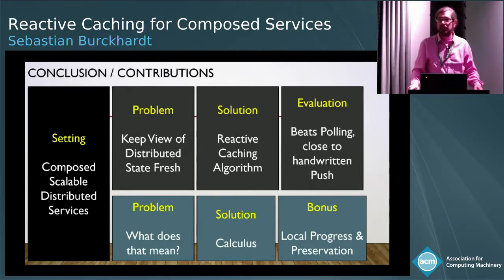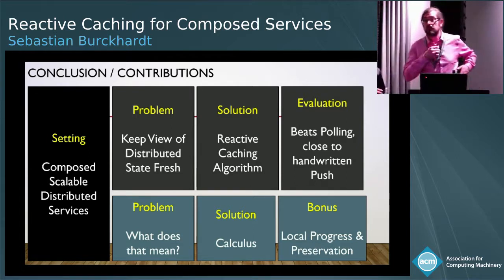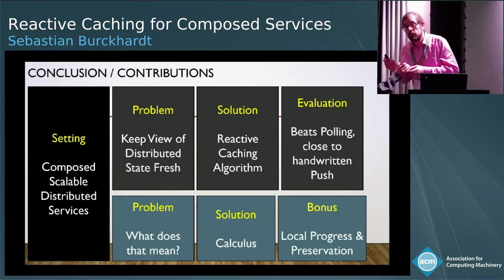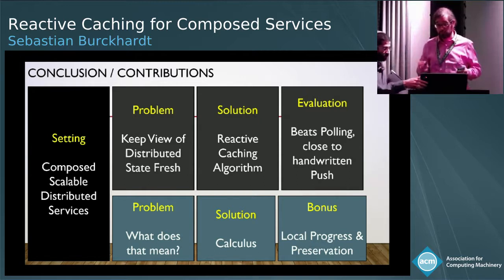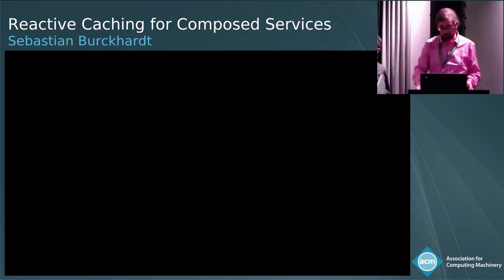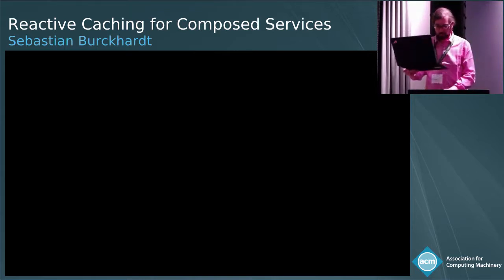Yeah, thanks. Yes? Thanks for the talk. The programming interface still looks a lot like callbacks. Why not use full reactive programming, say streams? The programming interface for the user still looks like a callback, right? So you get the value, and then you process the value.